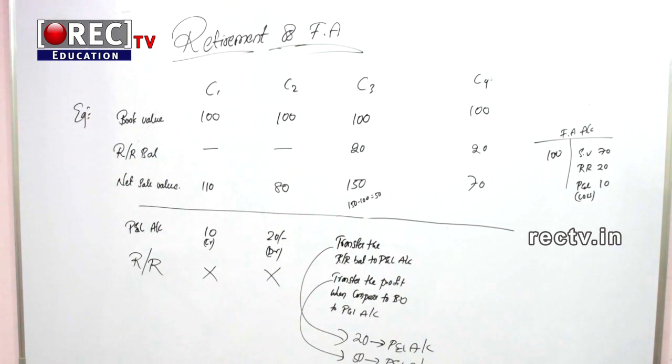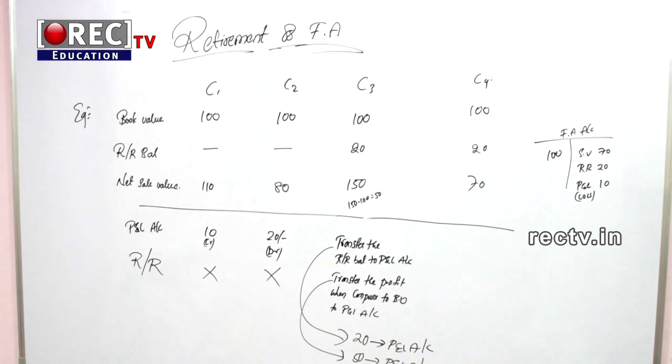Now let us see an example so we can understand the different treatments of retirement of fixed assets. Here, in the retirement of fixed asset example, we have taken book value, revaluation reserve balance, and net sale value. In case 1, book value is 100 rupees, there is no balance in revaluation reserve account, and the net sale value of the asset is 110.